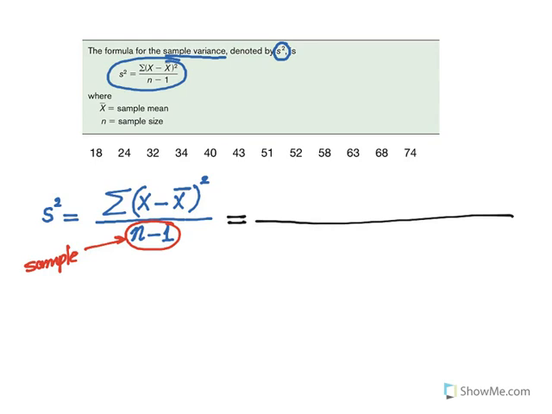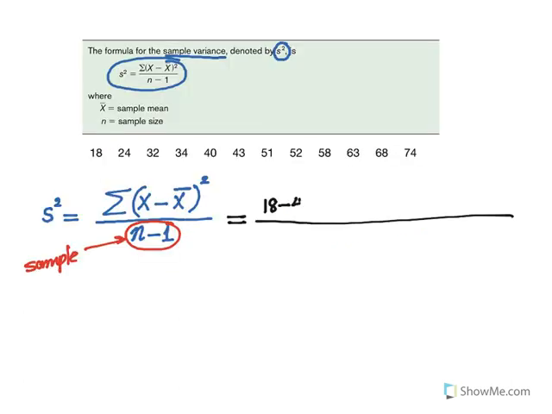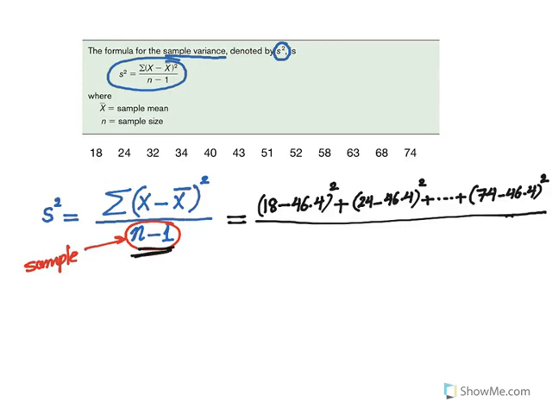And so if you do it here, you'll be summing all the data values. The first one is 18. Subtract the mean from it, which is 46.4. So 18 minus 46.4 squared, plus the second value is 24 minus the mean 46.4 squared, plus go all the way to the last value, 74 minus the mean 46.4 squared, and divide by n minus 1.